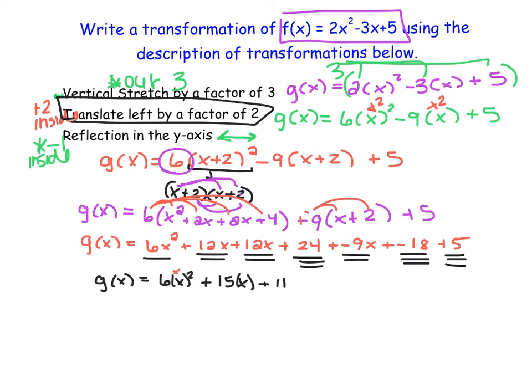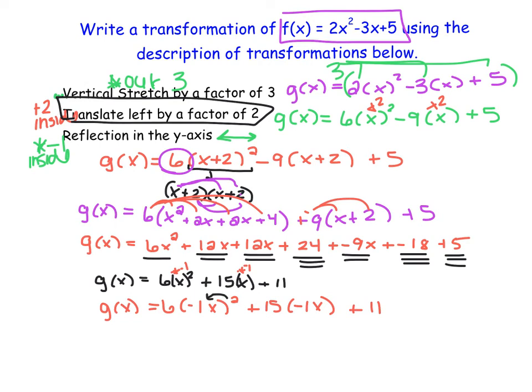And then I'm going to multiply the x value in there by a -1. So this becomes g of x is equal to 6 times (-1x) squared plus 15 times (-1x) plus 11.